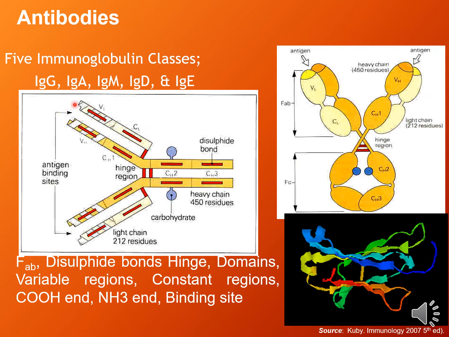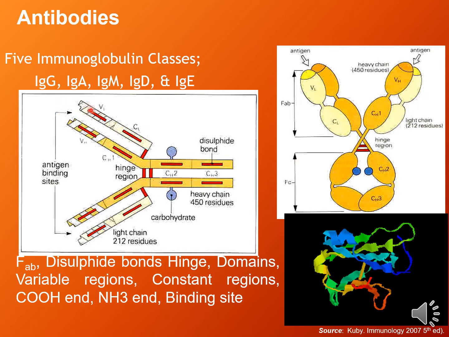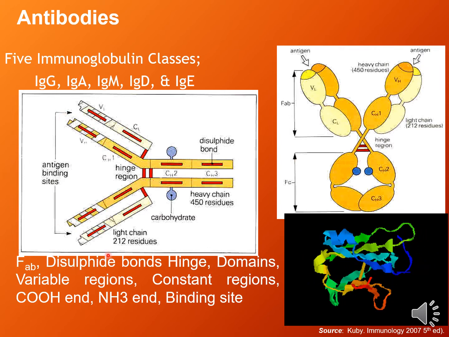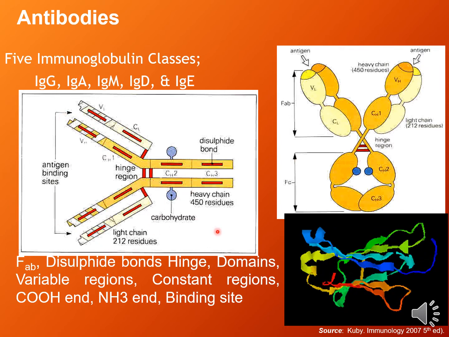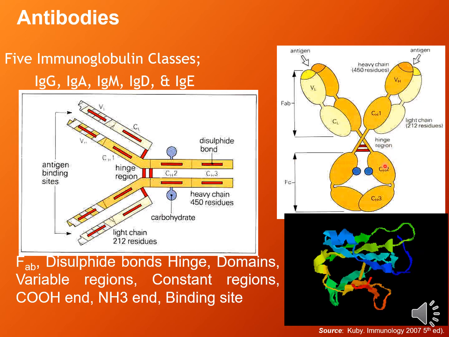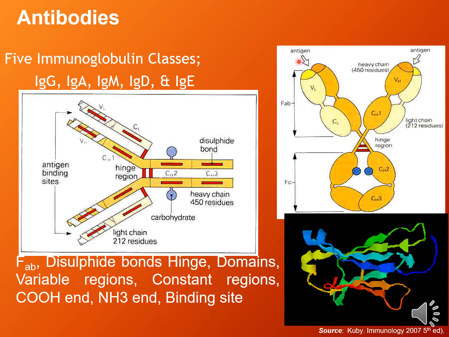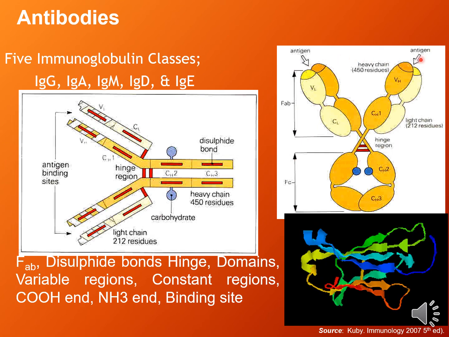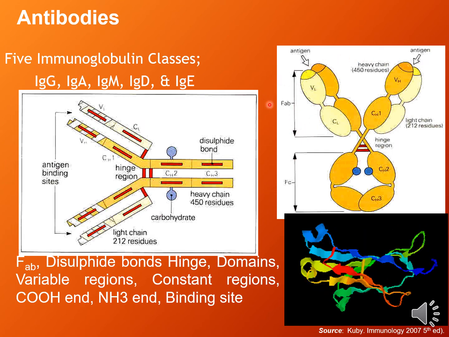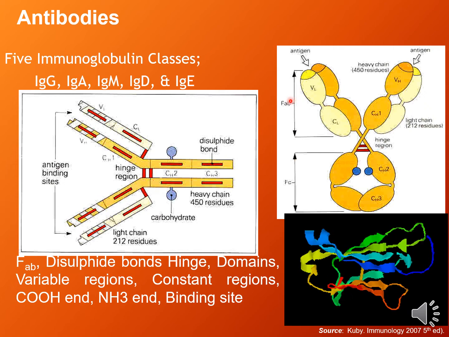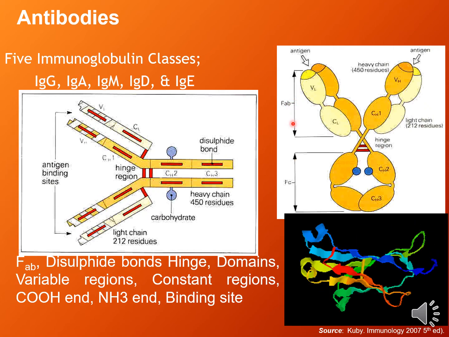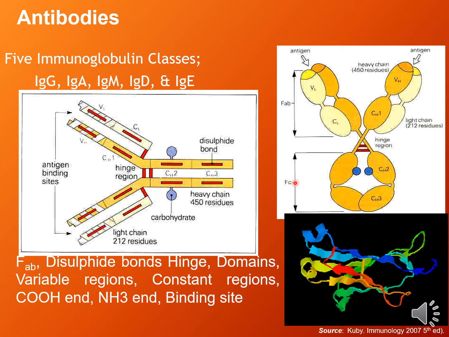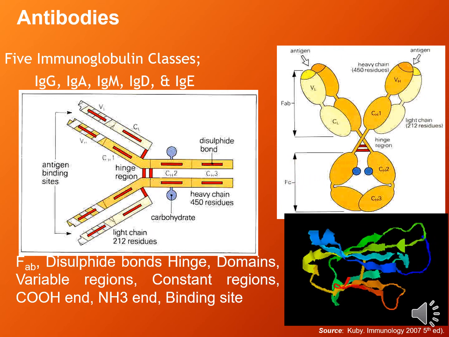The tip of this area in the variable region is called the antigen binding site. Generally the upper part, the one that forms the V, is the so-called Fab, that means fragment antigen binding. And then the lower part, the tail part, is called the fragment crystallizable.